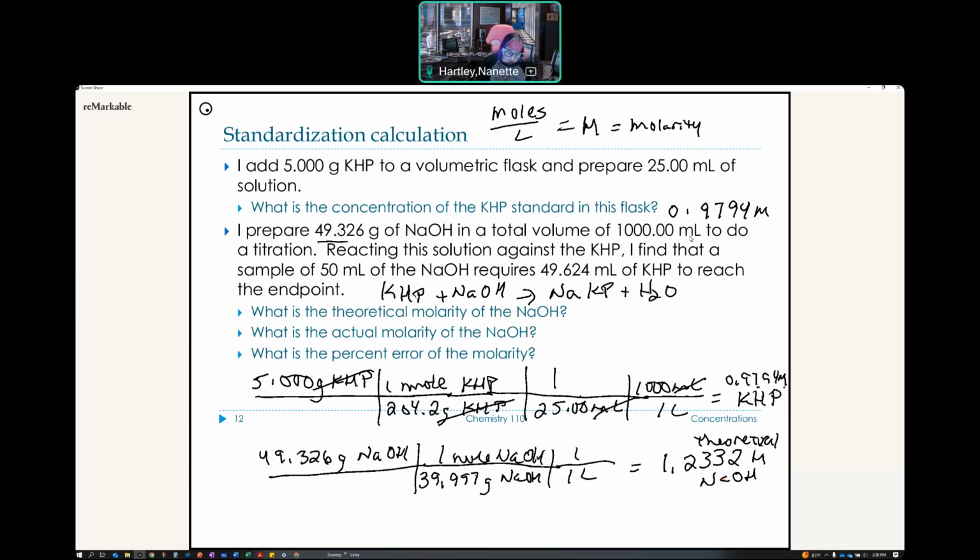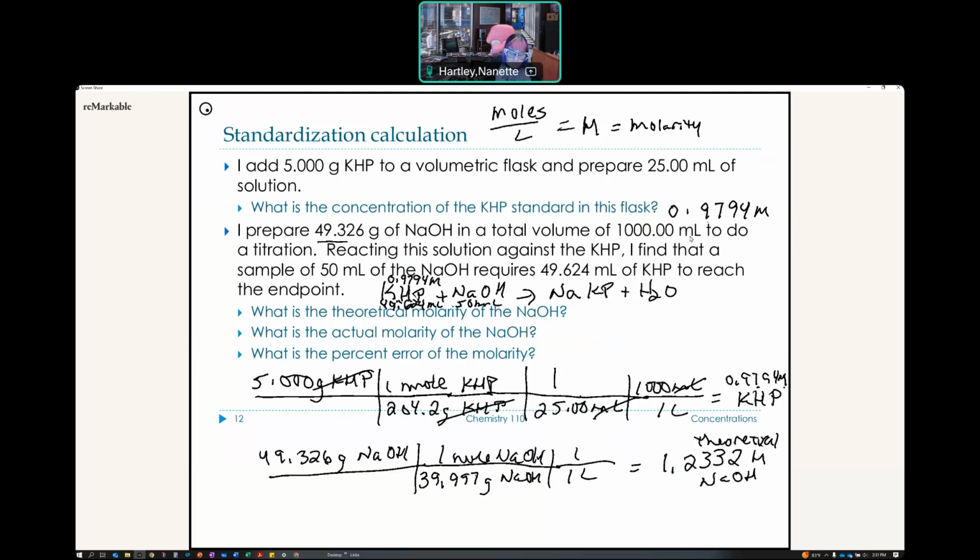Now, I wrote this equation because this is what actually happened. And so I know that 50 milliliters of NaOH reacted with 49.624 milliliters of the KHP, which again had that 0.9794 molar concentration.